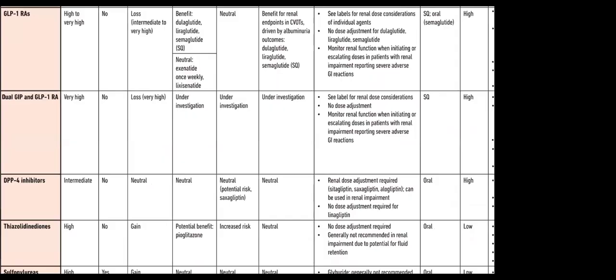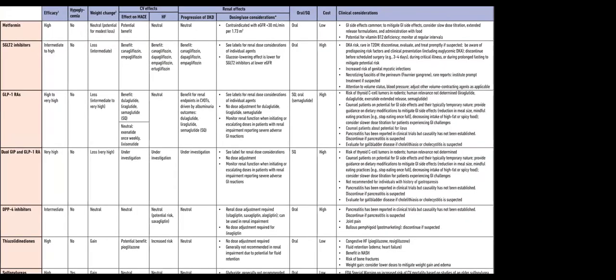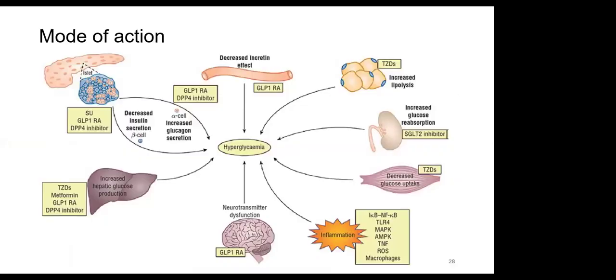So the final drugs are the sulfonylureas. They act by increasing insulin secretion from the beta cells. One of the things you want to watch out for is sulfonylurea-induced hypoglycemia, which is quite difficult to manage.